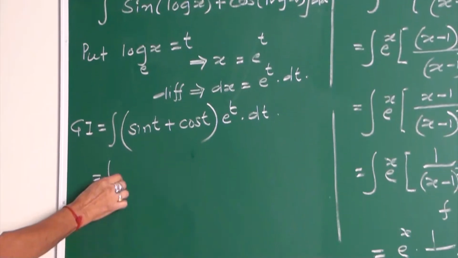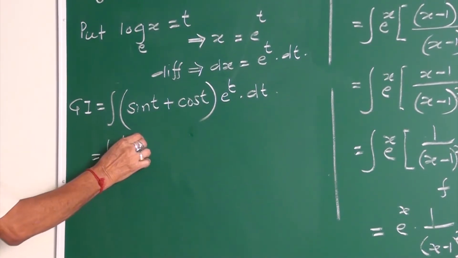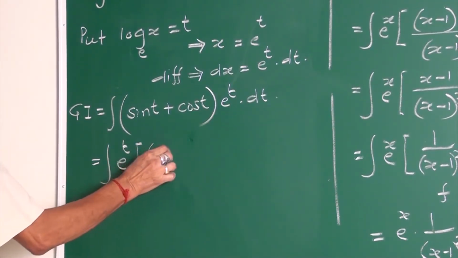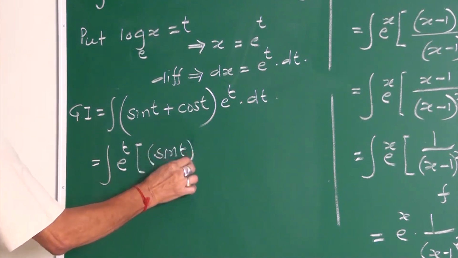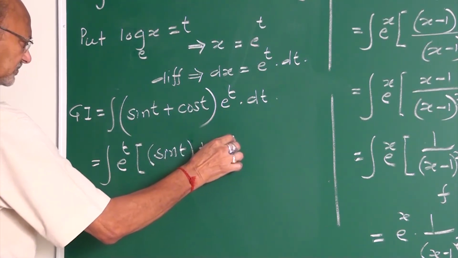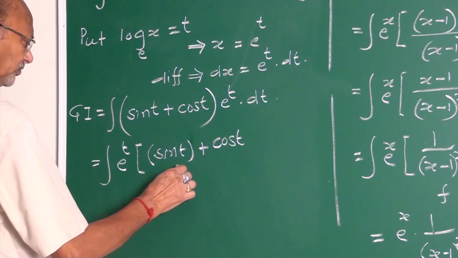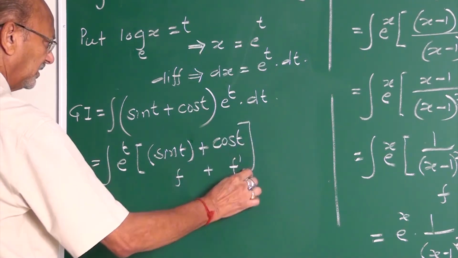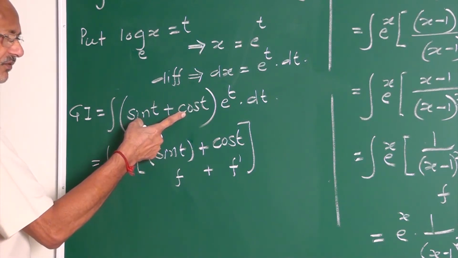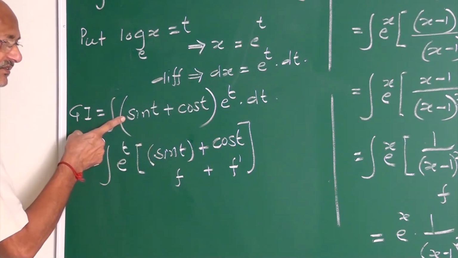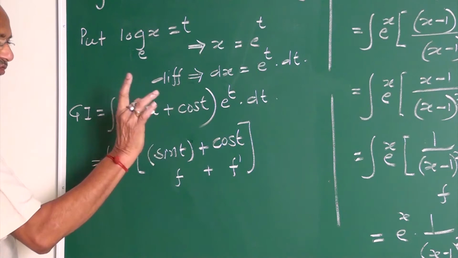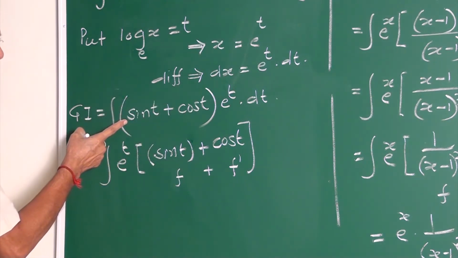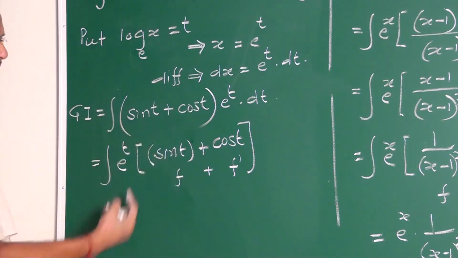It is the integral of e^t (sin t + cos t) dt. What is the derivative of sin t? cos t. So if it is f, it must be f'. But if cos is f, what is the derivative of cos? Minus sin. Therefore, cos is not f, sin is f, because the derivative of sin is plus cos.